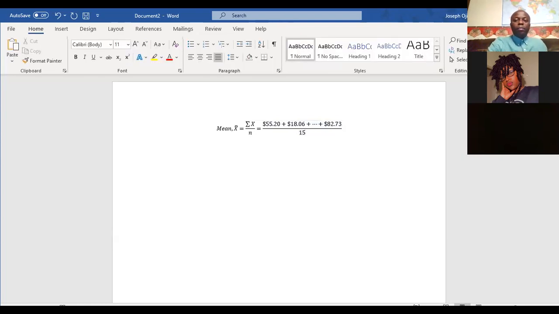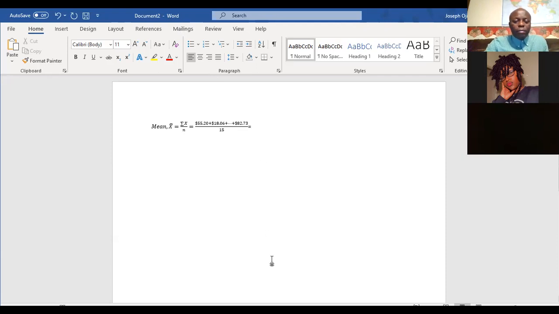So I did this already in my book. I'm going to put the answers here so you can see what I got. I got $165.57. Let me put it the way I want it to look so you can see what I mean.